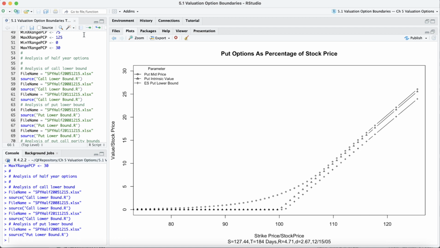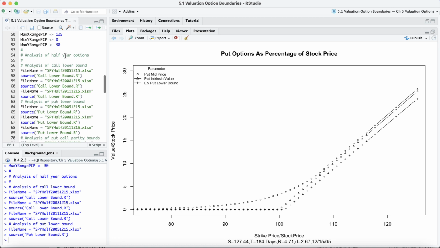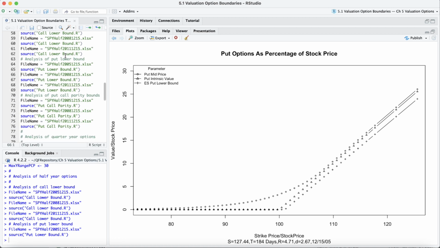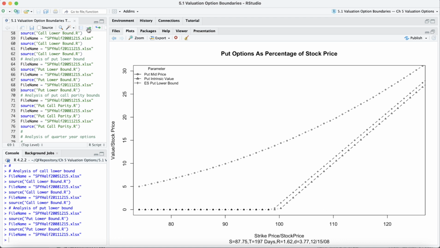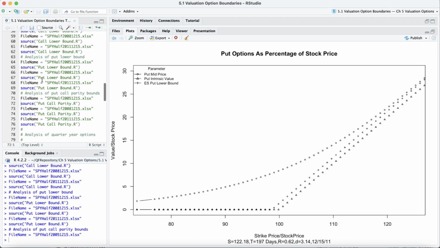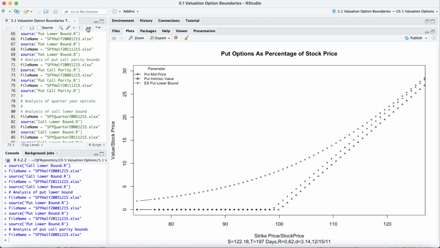And there are several other particular points in time that could be analyzed with calls. In the case of puts, we get the similar kind of result over these periods of time, and as was discussed in prior parts of this particular module.